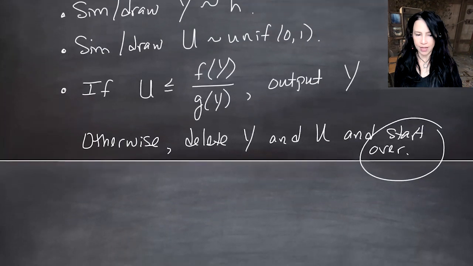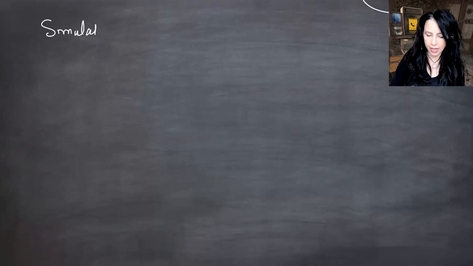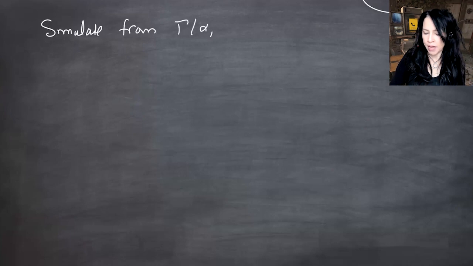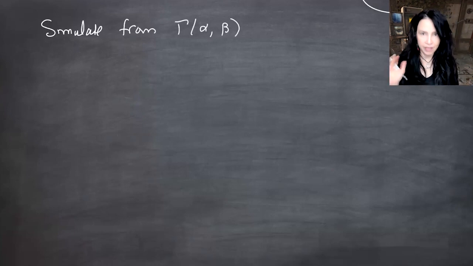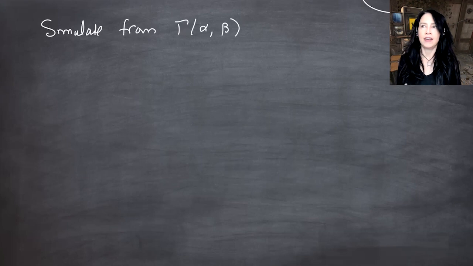So let's try an example. I want to simulate from a gamma distribution, the gamma with some parameters alpha and beta, which have to be given. They're given numbers. And we're going to bound this thing, and it's going to change depending on the shape of the distribution.